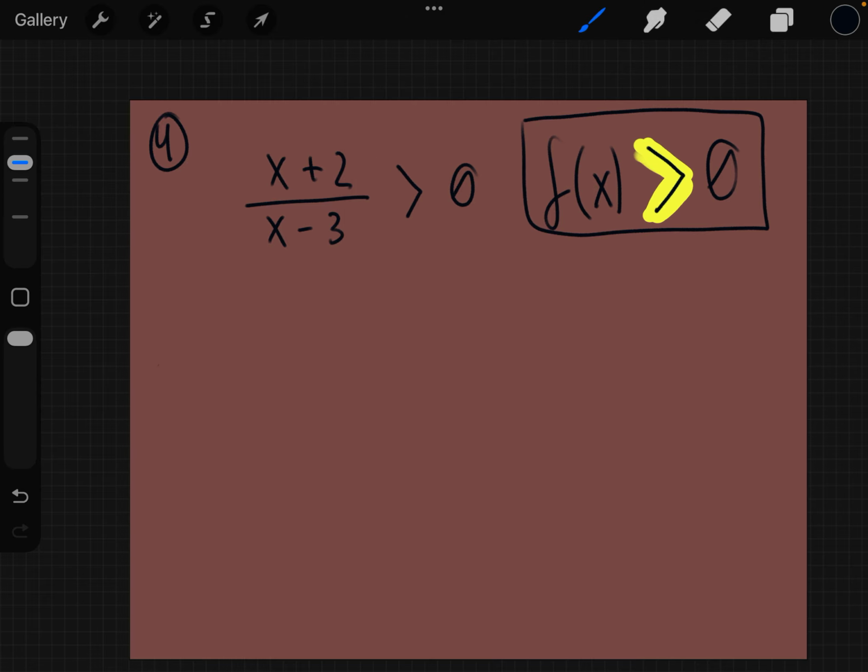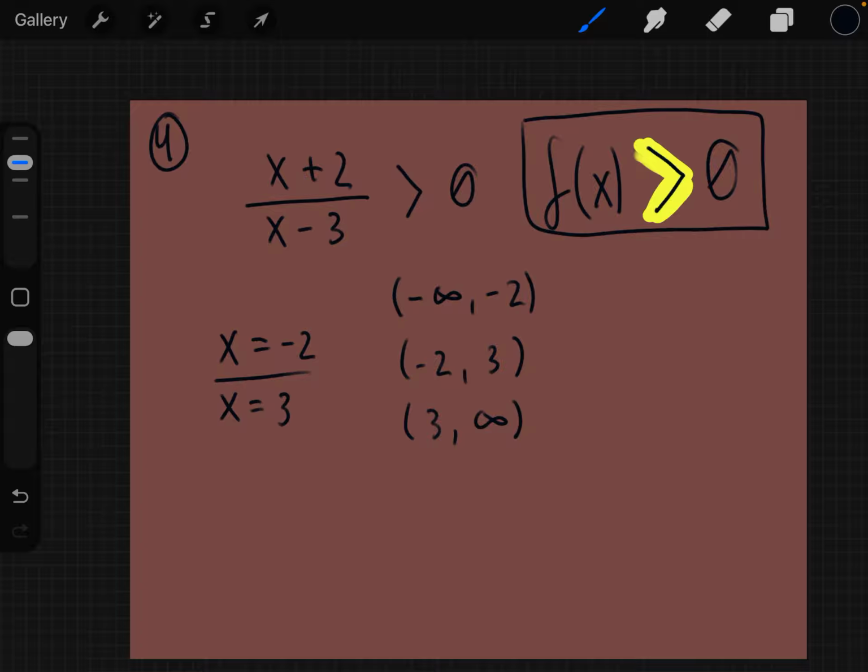Okay, so we solve. And then we do our sections. And then we get our test points because we don't have a graph.